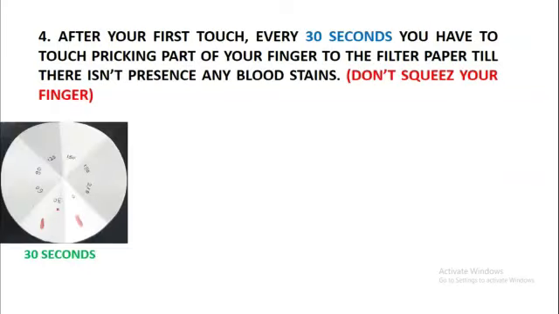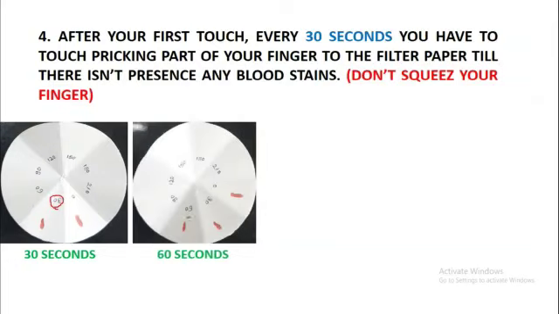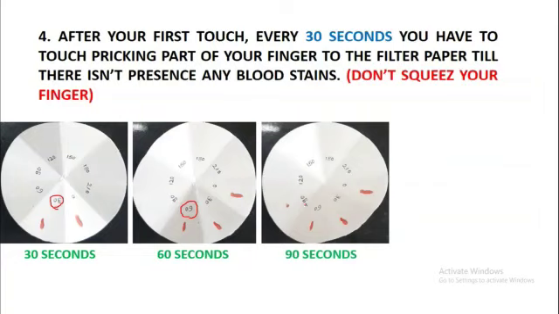So that is for the second time, over the 30 seconds. This is for the third time, over the 60 seconds. This is for the fourth time, over 90 seconds.